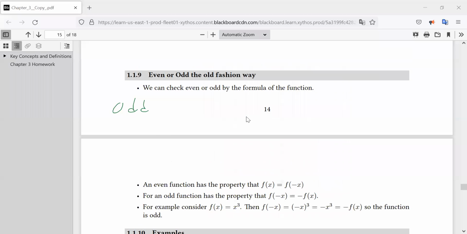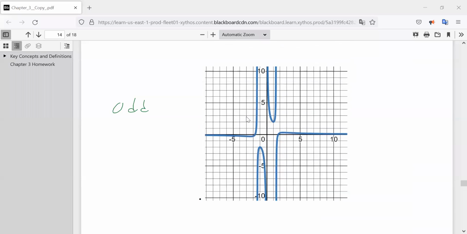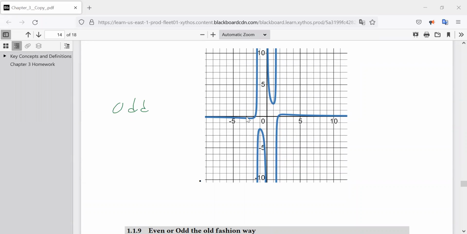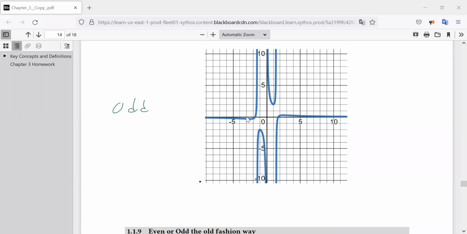Pardon me, Professor. Sure. Just because this is so crazy, will we only be asked symmetry about functions, or will it be like a circle or something like that? Well, it will only be functions.